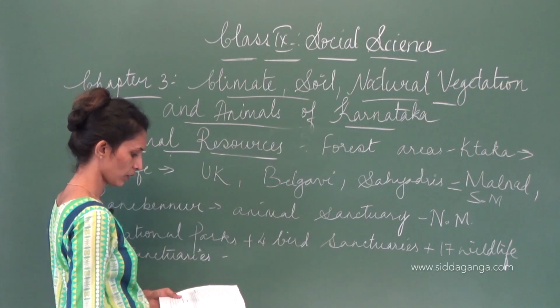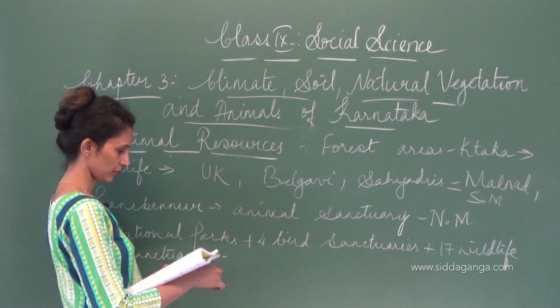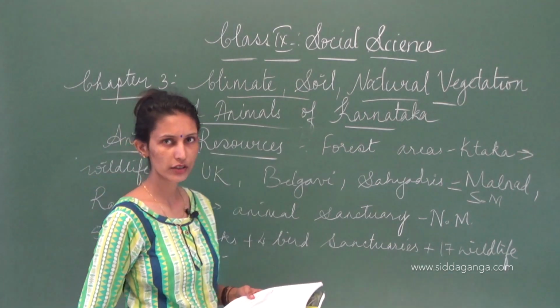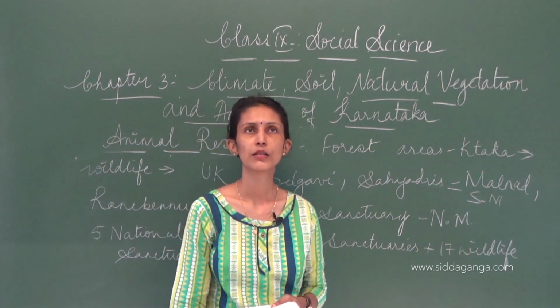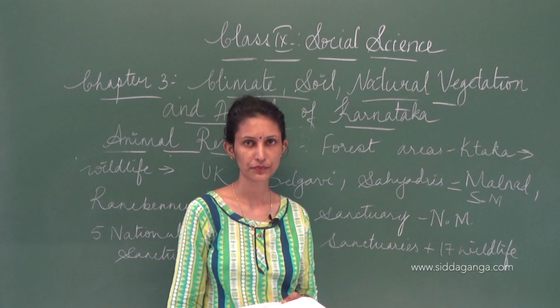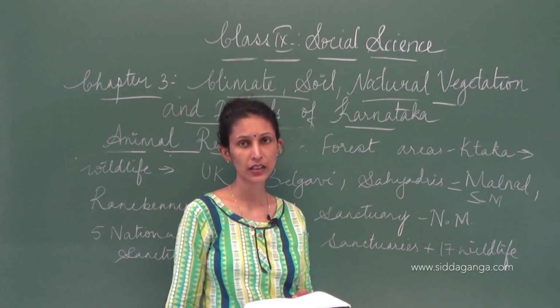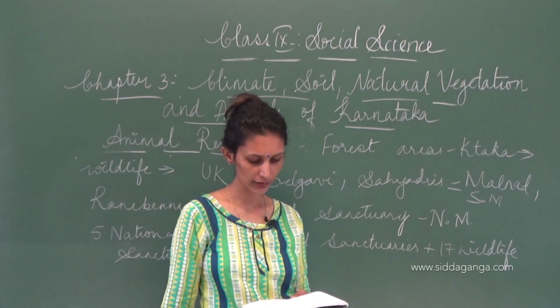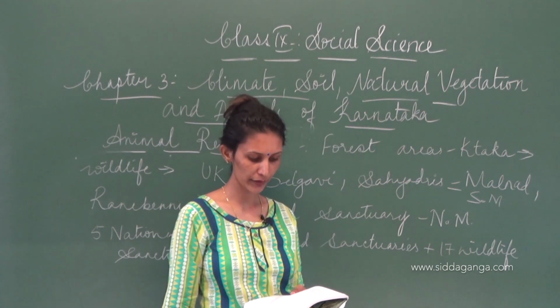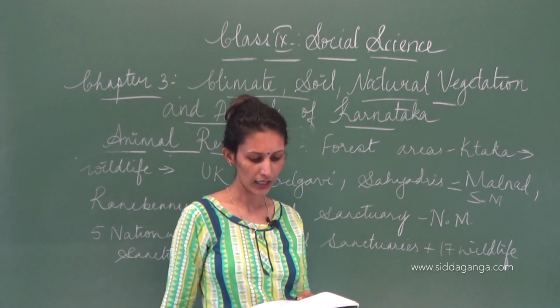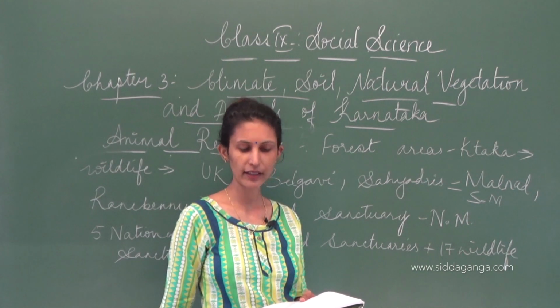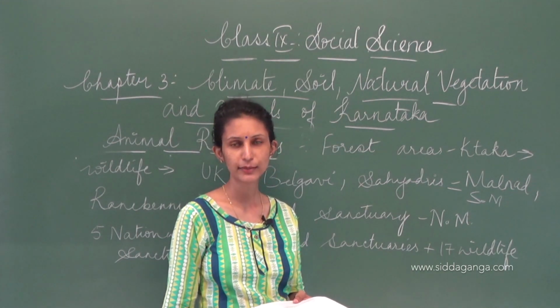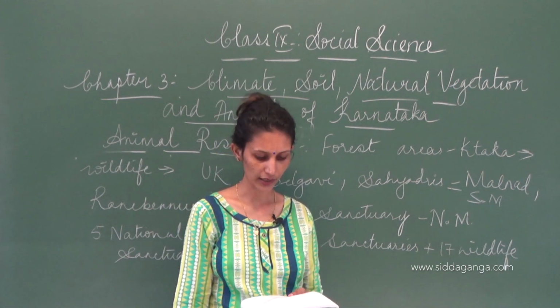Okay. Now, we have tiger projects also that are helping in conserving the wildlife. There are 5 tiger projects in Karnataka, that's Bhadra, Nagarhole, Dandeli, Ansi and Biligiri Rangana Betta. Okay, these places have tiger reserves, tiger projects.